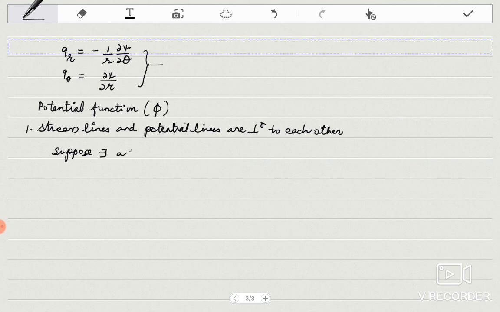There exists a scalar function phi. Again, this is a function of x and y such that q is described as gradient of phi. Many times we write q is equal to minus gradient of phi.